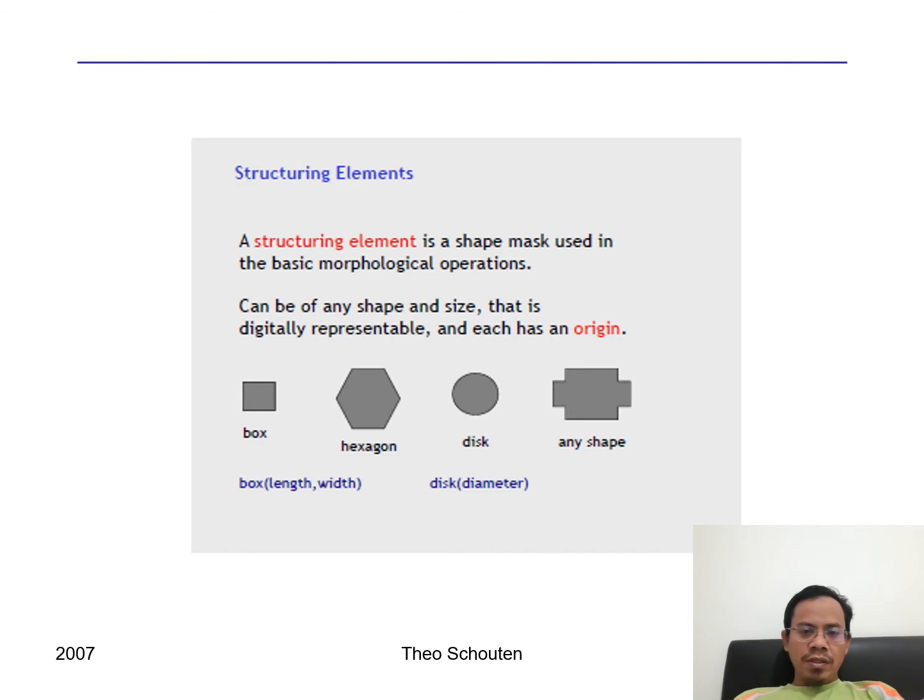So these are all types of structuring element. We have box, hexagon, disc, or any shape. This is a structuring element which needs to be used to perform a morphological operation. We will see the example just later on.